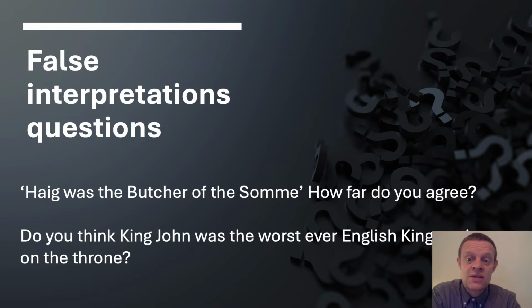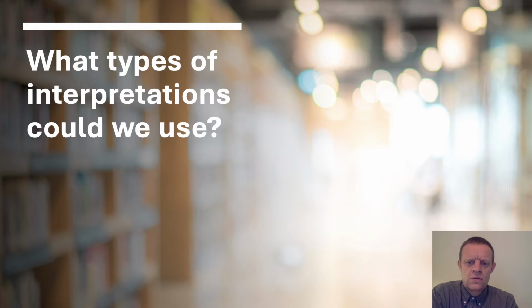What we should do with interpretations is we should evaluate and analyse real interpretations or real scholarship. So what types of interpretations could we get our pupils to analyse then? Well, to stop me just talking at you for the length of my input, why don't you grab a pen and spend 30 seconds writing down the different types of interpretations we could get pupils to analyse.